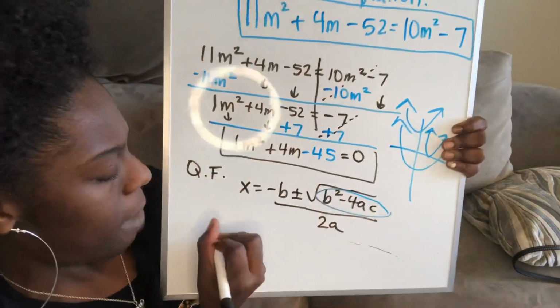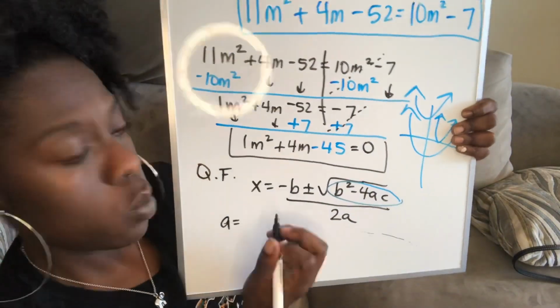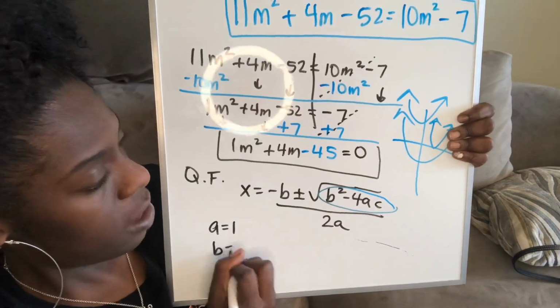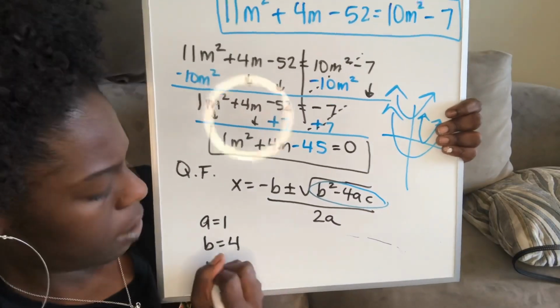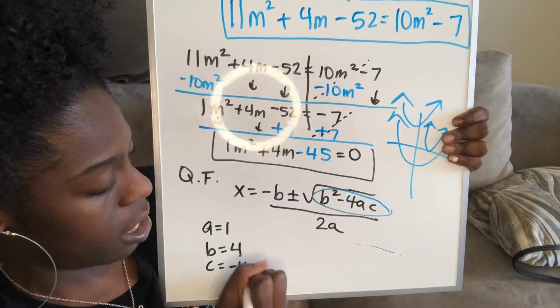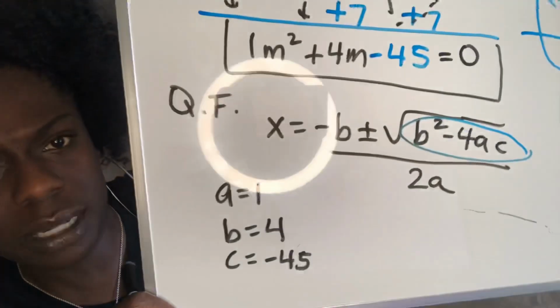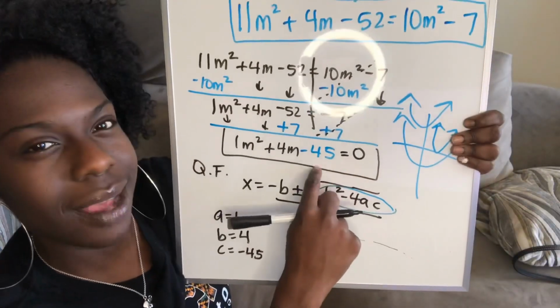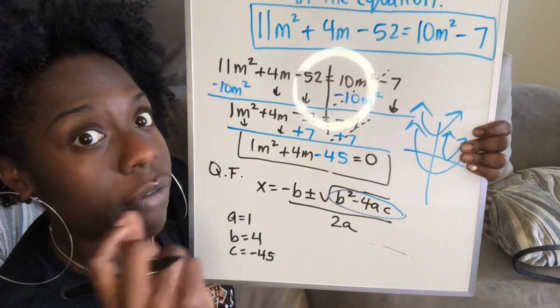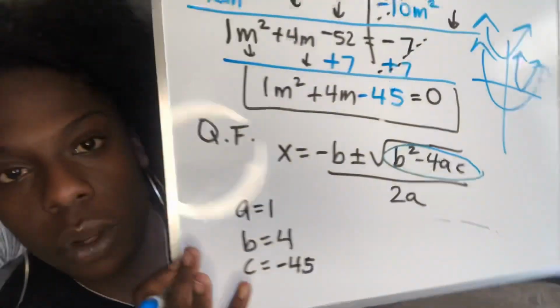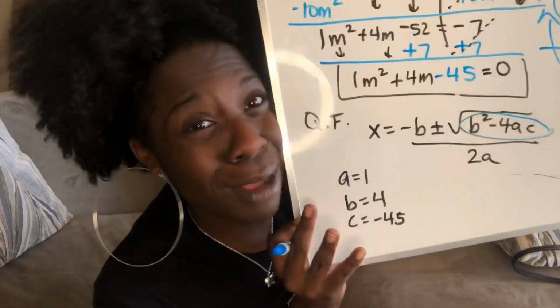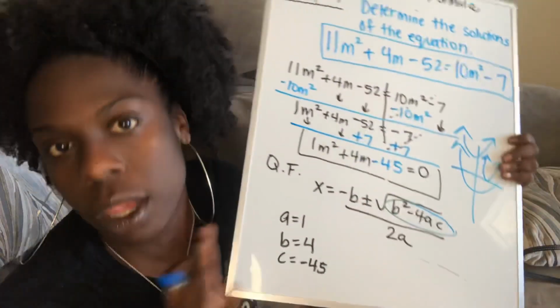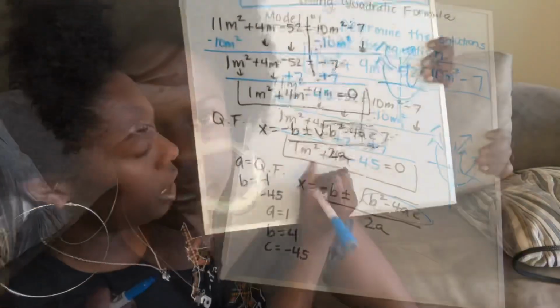So I see that my a value is going to be 1, my b value is 4, and my c value is negative 45. Okay, a lot of us mess that up when you don't take the sign with the value. Okay, so now that we have those values, I'm going to solve for the discriminant. This part is about to speed up, so you should be solving it for yourself, and you should be getting to the answer.